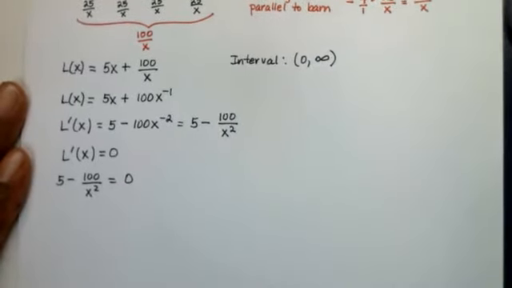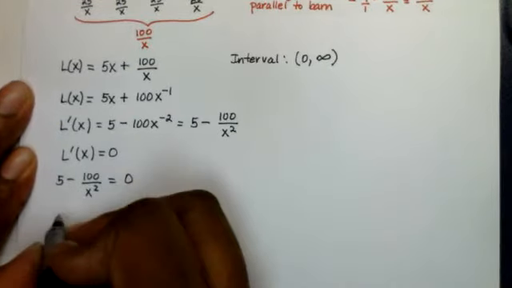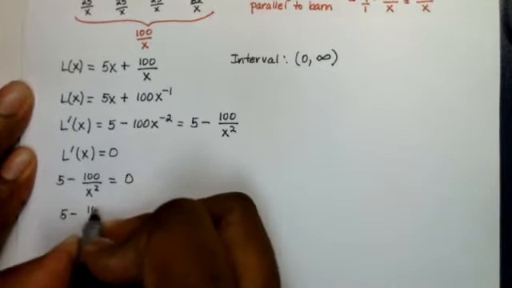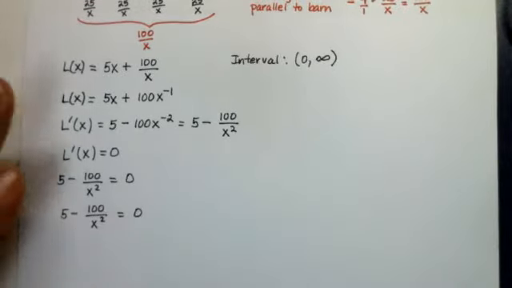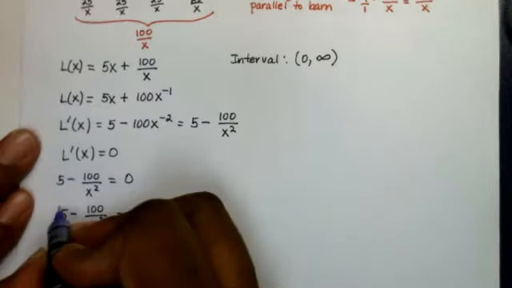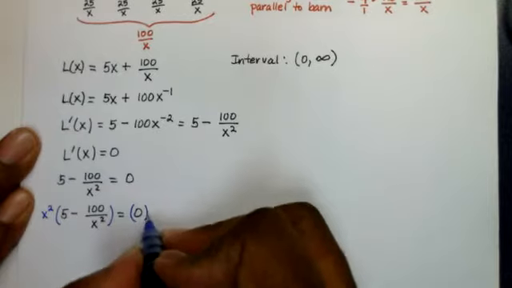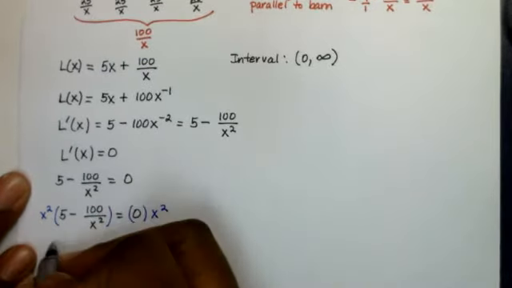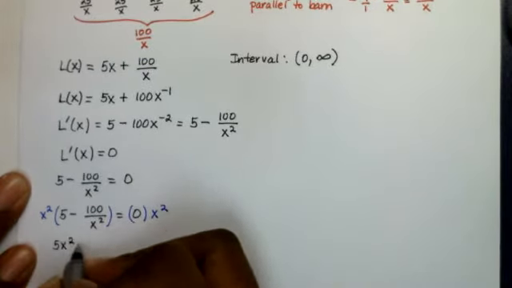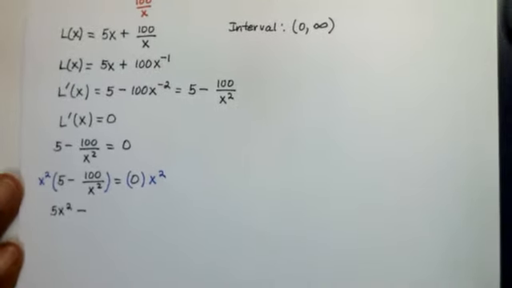Now, since I got that X squared in the denominator, I need to multiply both sides by X squared in this equation. Left side, multiply that by X squared. The right side, multiply that by X squared. So X squared times that 5 will be 5X squared minus 100 over X squared times X squared. The X squares divide out.